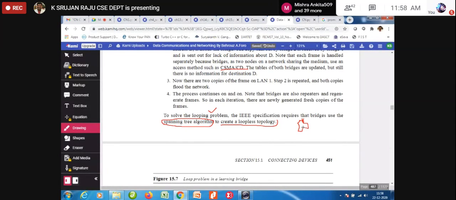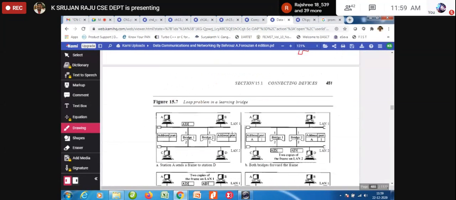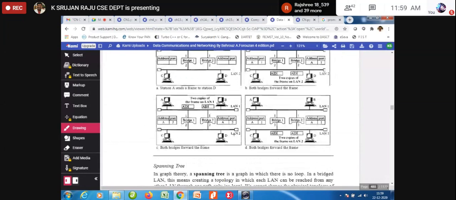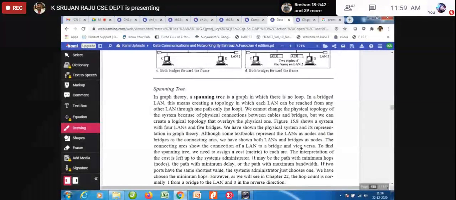The spanning tree algorithm allows you to visit each and every node, each and every station in the network, but nowhere do you have a loop. That is the reason we need to create a loopless topology, and for that we use the spanning tree algorithm.